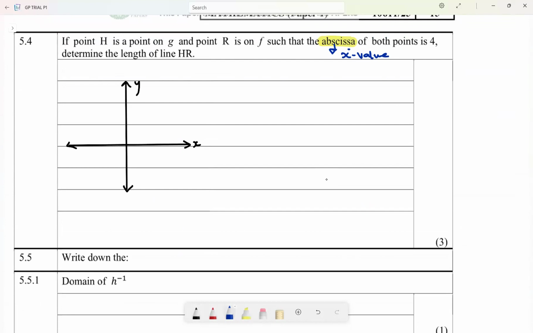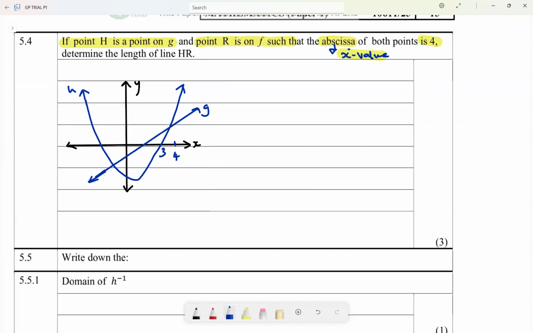Remember my G was something like that, and my F was something like that. So the question is, if H is a point on G and R is a point on F such that the x value is 4. Remember here the y-intercept was 3, so if it is 4, it is somewhere here.